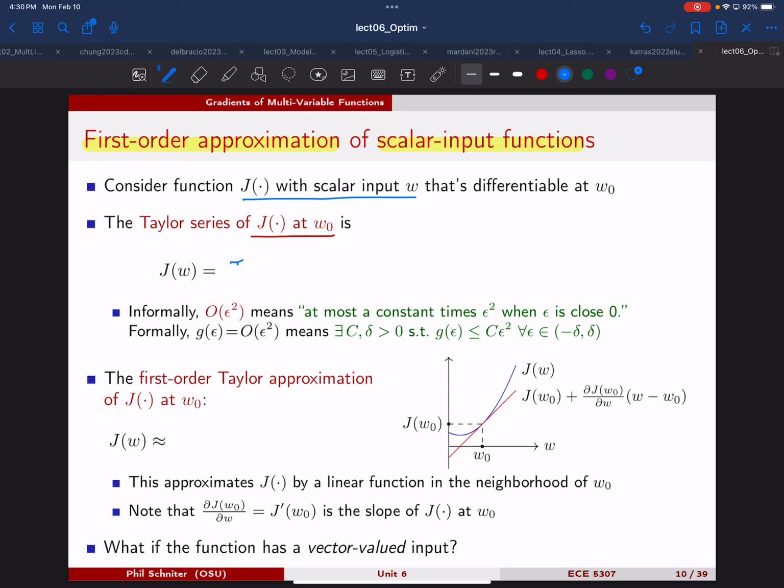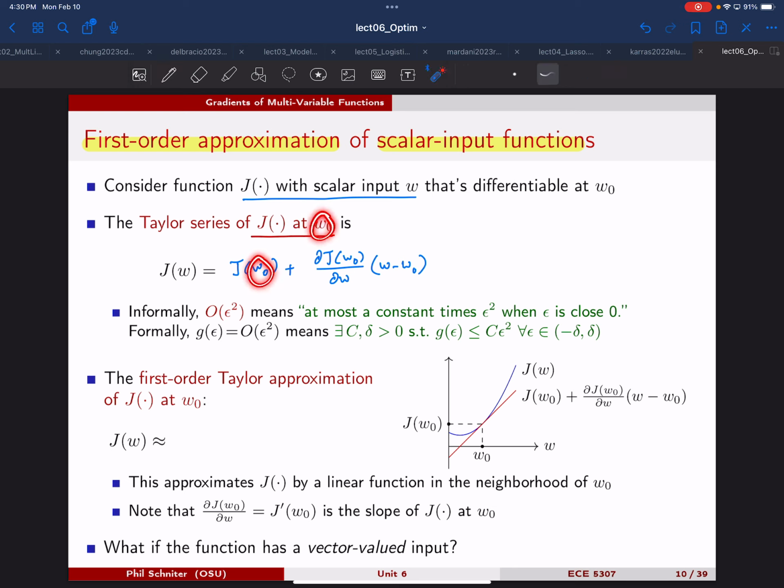We have J evaluated at that reference point W naught. And then we're going to have the gradient of J evaluated at W naught times the deviation between W and W naught. So here W is the term on the left, and this W naught is this reference point.